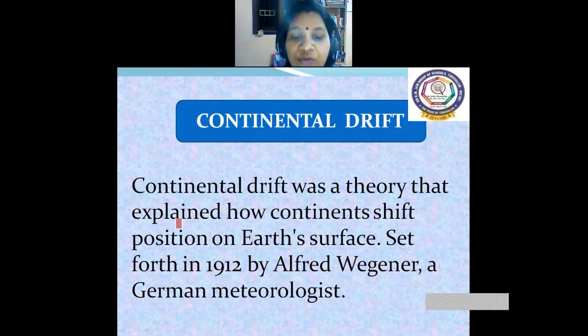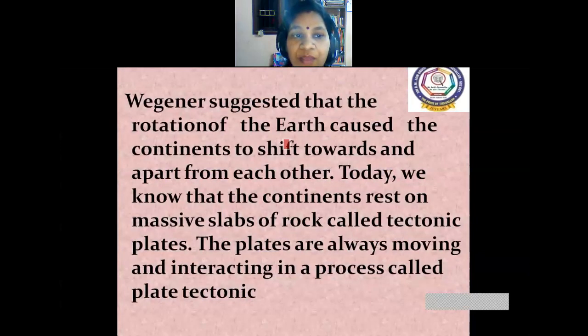In 1912, Alfred Wegener, a German meteorologist, gave this continental drift theory. Wegener suggested that the rotation of the earth caused the continents to shift towards and apart from each other.